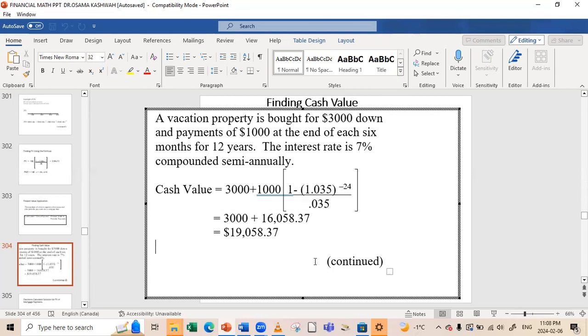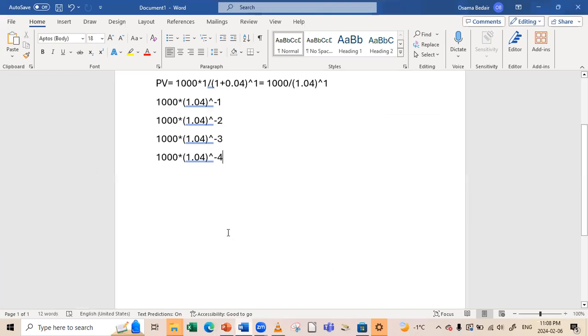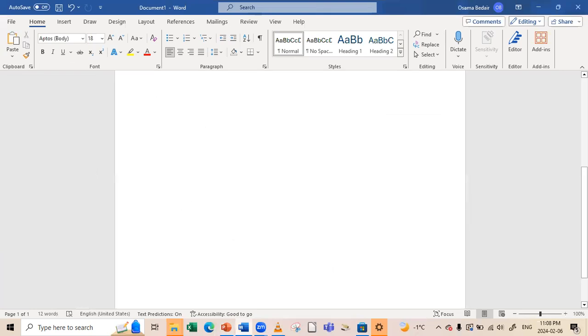Because if I say 3.5% as an example, let me show it to you. When we calculate it like this, it will be 0.035. That is how it looks.